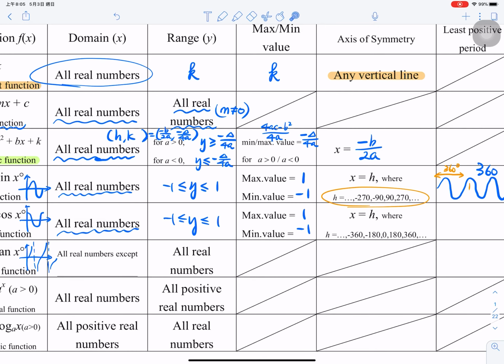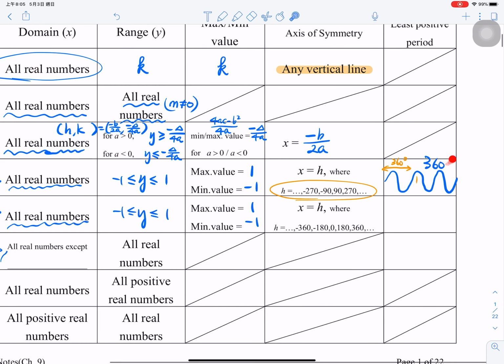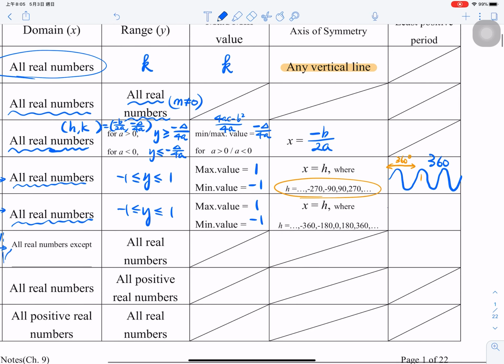Here we have x in degrees, so we do not need to write down degrees. How about cosine theta? Cosine theta will look like this, right? Not so beautiful. Maybe draw it once again.